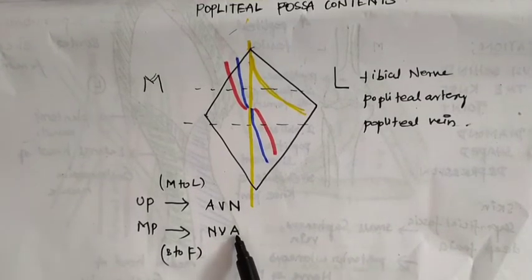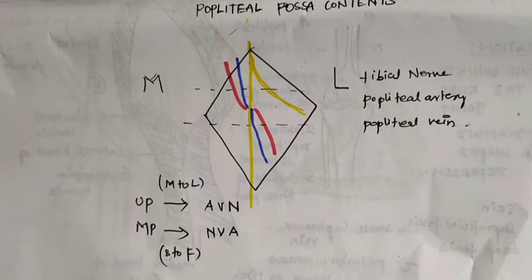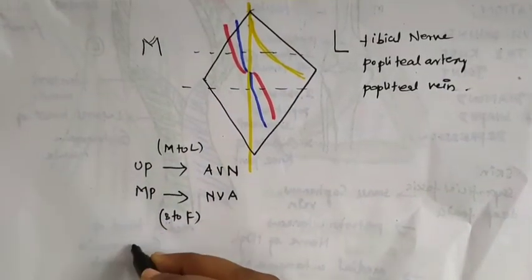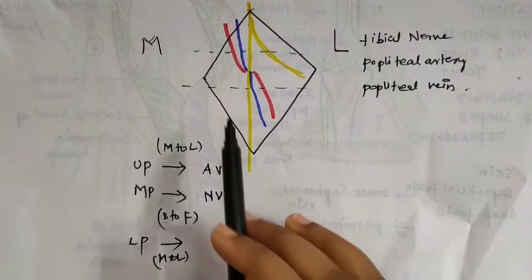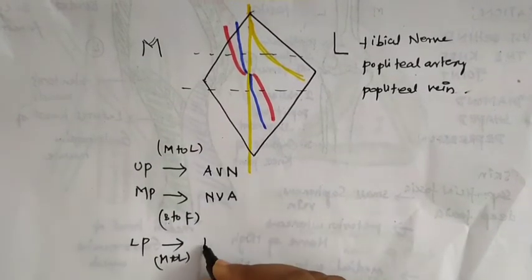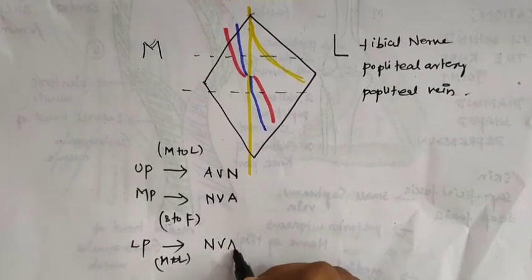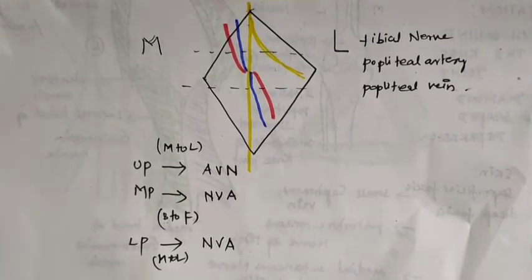Most anterior is the artery and most posterior is the nerve. Next is the lower portion, medial to lateral: tibial nerve, vein and then artery. This thing you want to remember.